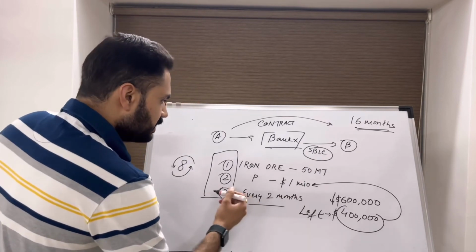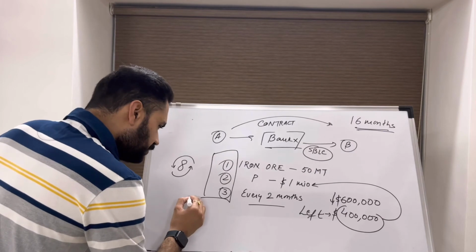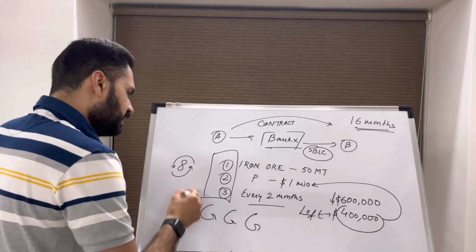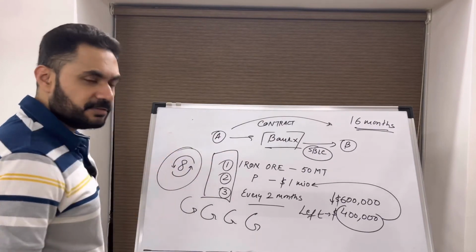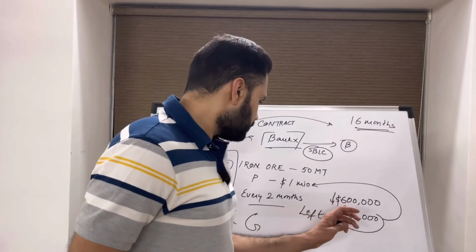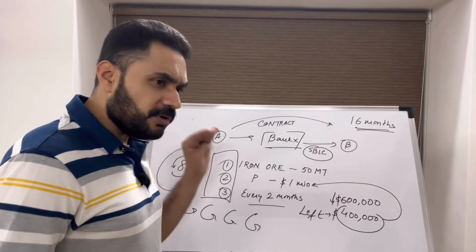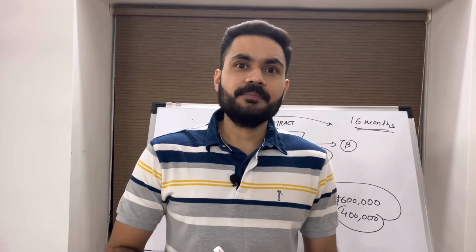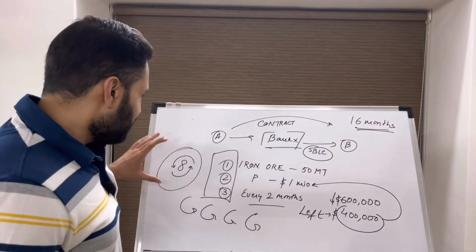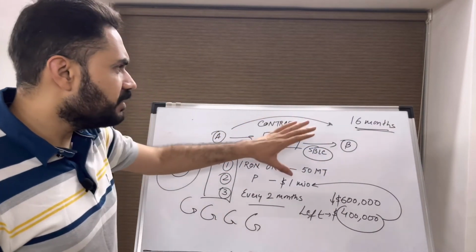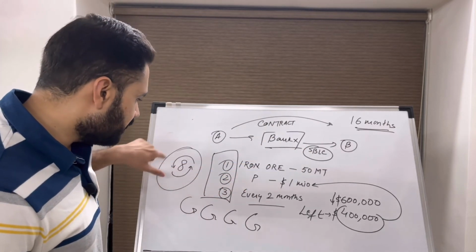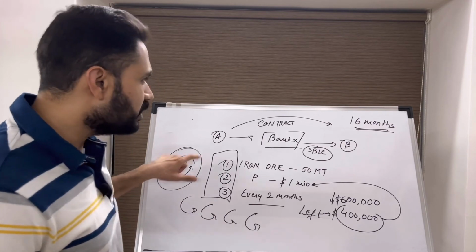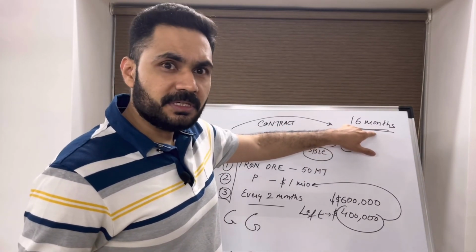Next is revolving. Revolving means this cycle will continue for say 8 revolutions. So revolving is more concerned with the timeline. This undertaking is revolving in nature, so it will revolve 8 times so as to complete the contractual obligations.